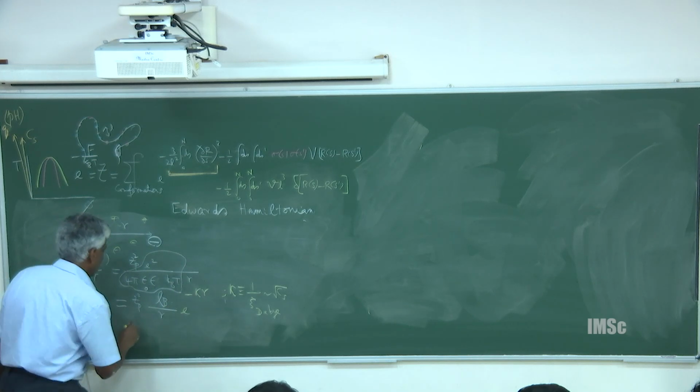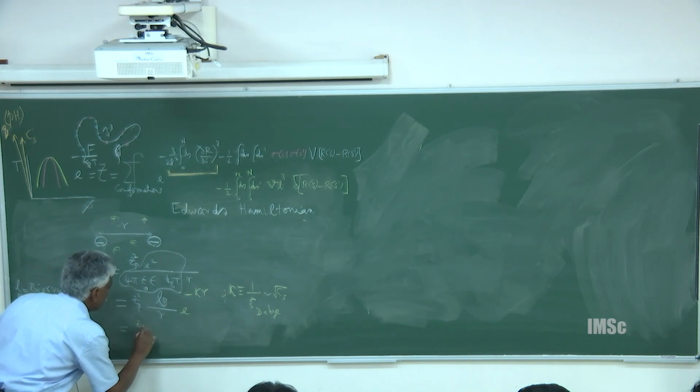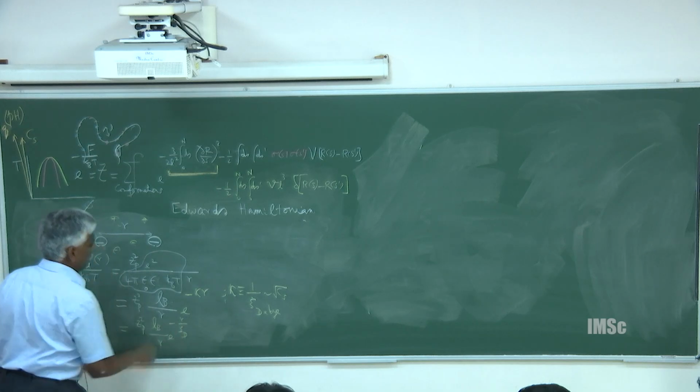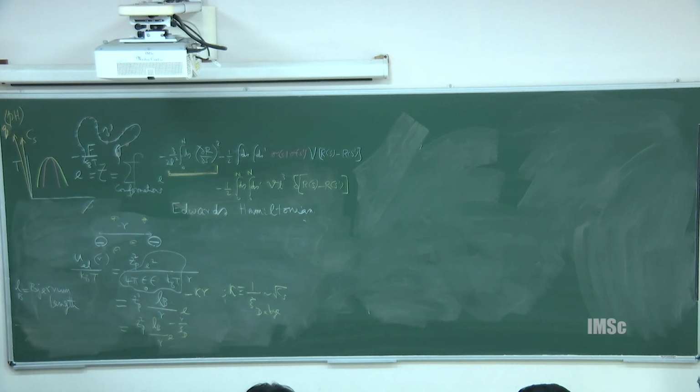So, this looks like Zp square Lb over R e to the minus R over the correlation length, or it is also called the screening length. If you put a lot of salt, what happens?